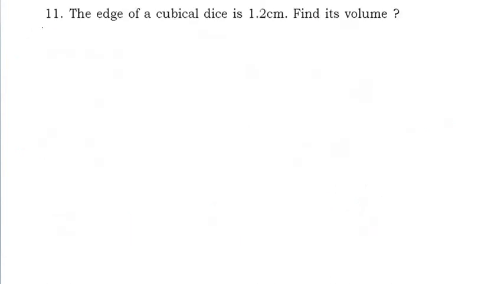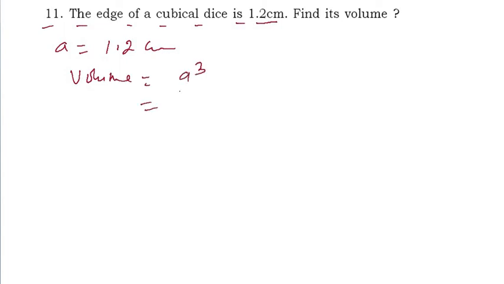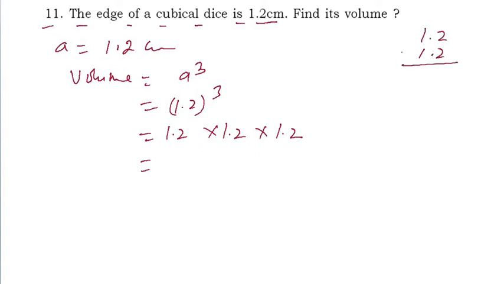Now come to question number 11. The edge of a cubical disc is 1.2 centimeter. So that is A. A is 1.2 centimeter. Find its volume. So volume is equal to A cube. A is 1.2 and whole cube, that is 1.2 into 1.2 into 1.2. How do we multiply this? So 1.2 multiplied by 1.2, we get 1.44.